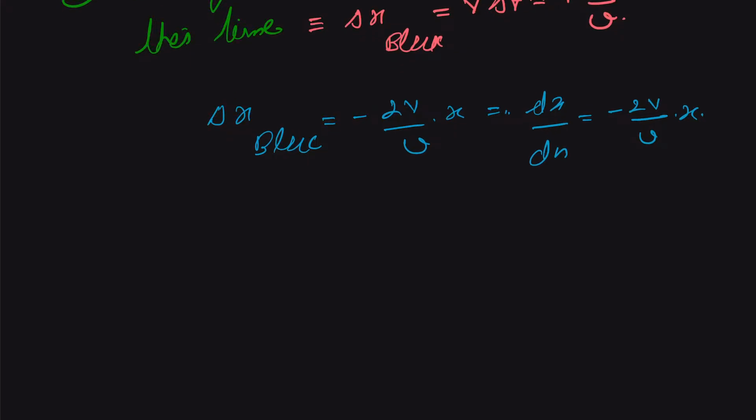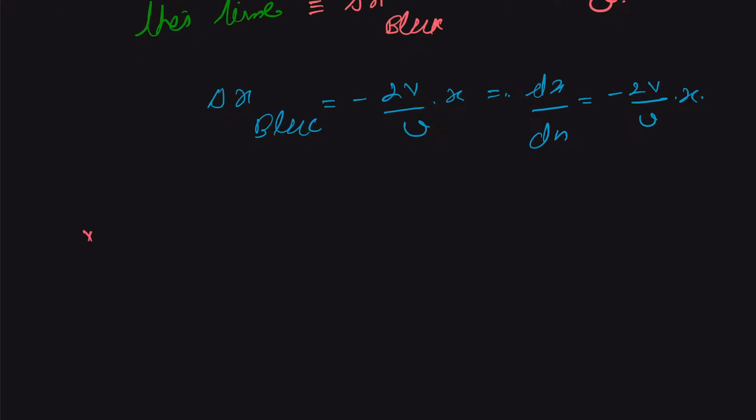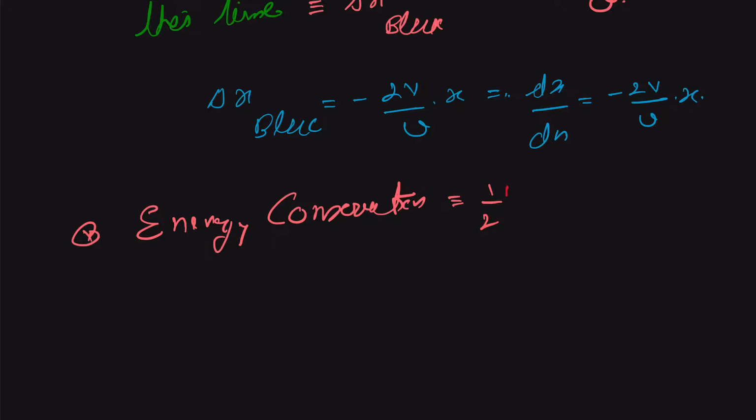We simply use energy conservation. We can write half M V square plus half m v square is equal to half M V naught square.